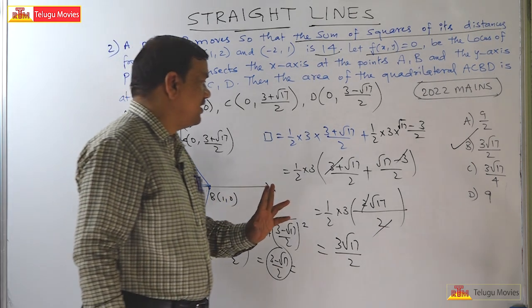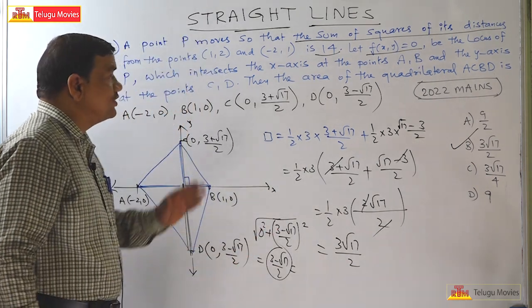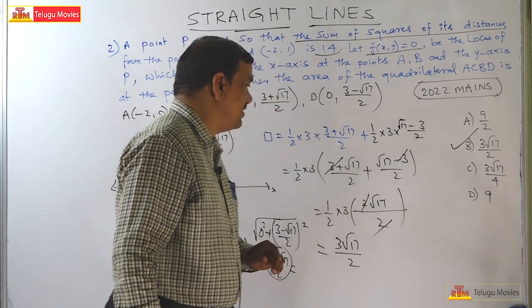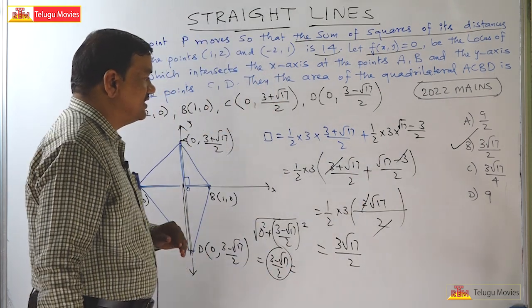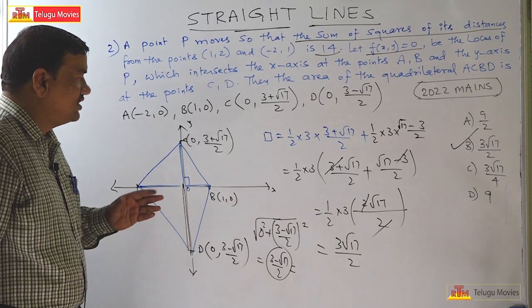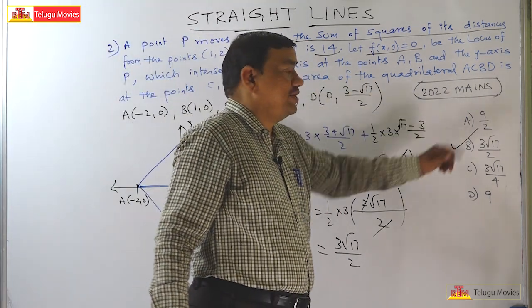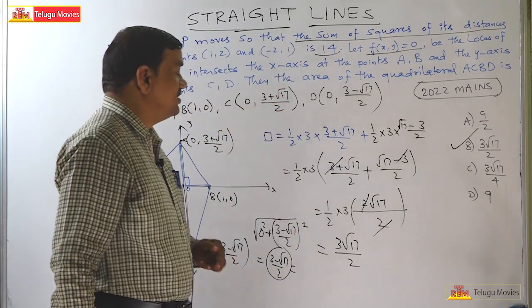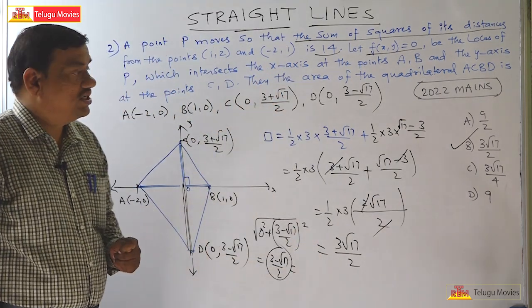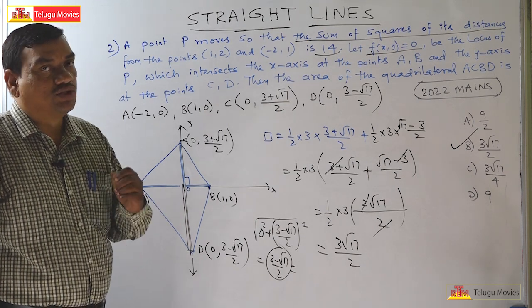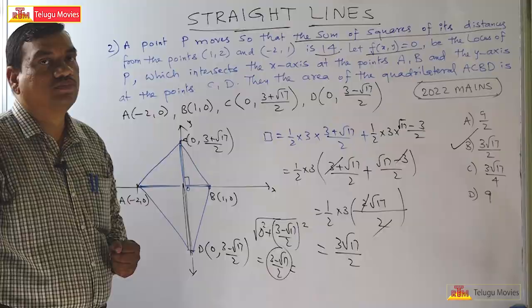If you write down 3 minus root 17 by 2, root 17 cancels, 3 plus 3, 6 by 2. Again there is a chance of getting 9 by 2. Okay? So your answer is 3 root 17 by 2. So that is your perfect answer. I hope that you understand this solution. Let us go for the next problem.